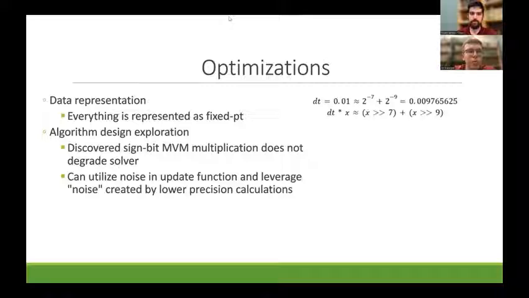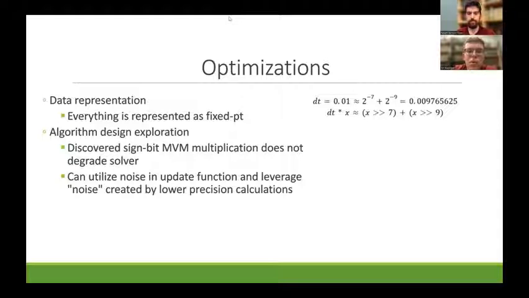And we also, in some sense, benefit from the fact that we have noise as a result of these lower precision calculations. But because, in essence, these Ising machines are just a way of exploring many possible solution states, we can kind of leverage this noise and use lower precision calculations while still attaining the same final solutions.